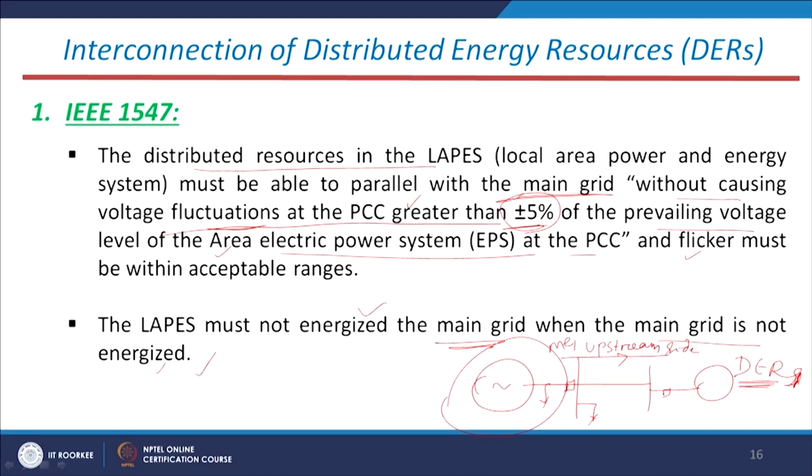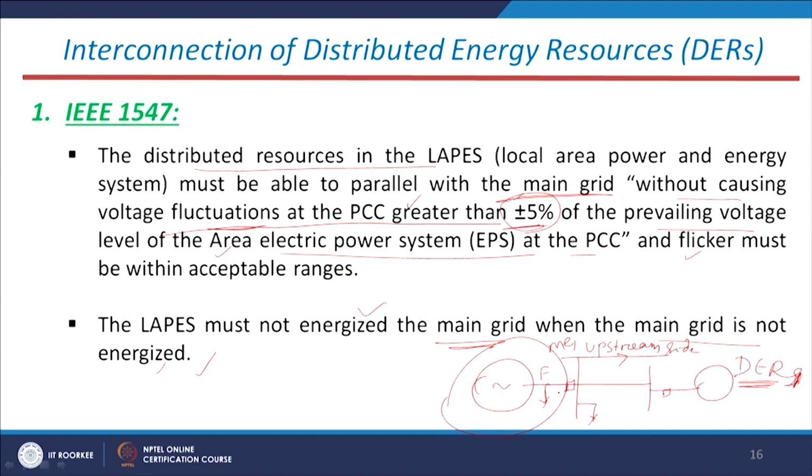The power is flowing from left to right. The left side is upstream and the right side is downstream. So, in this case, if any fault occurs, one fault is incepted on the grid side. The grid is going to be disconnected from the rest of the network, otherwise the fault current will propagate to the rest of the network and damage the equipments.